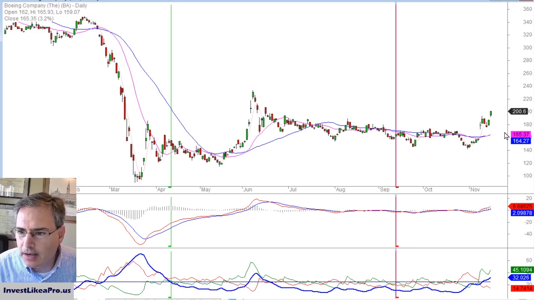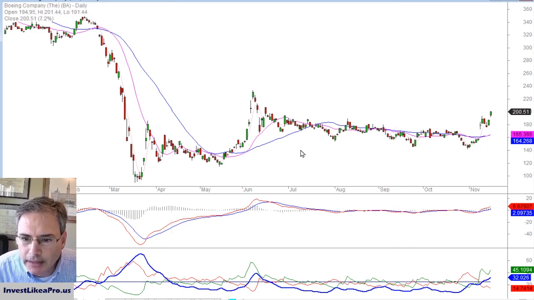And if you notice, this is Boeing. And what's taken place really since June, look at how quiet this sideways period has been, and look at how low the ADX band has been for so long.